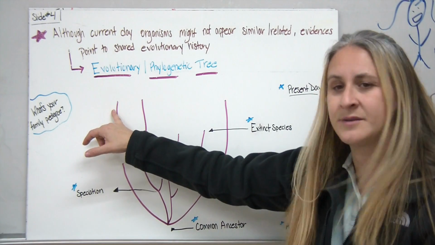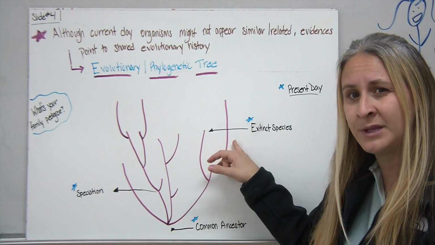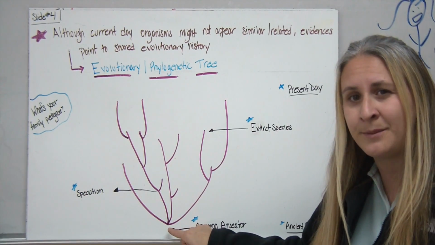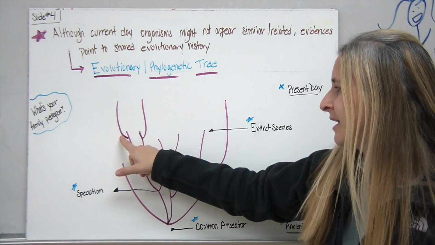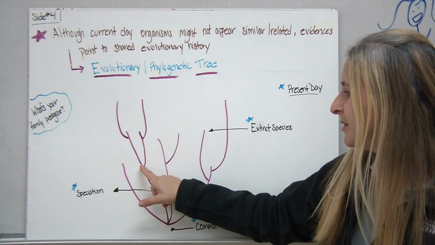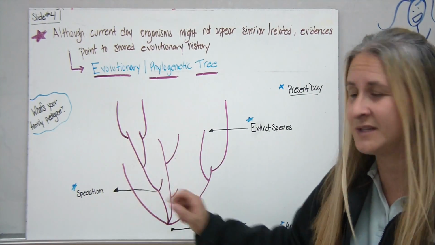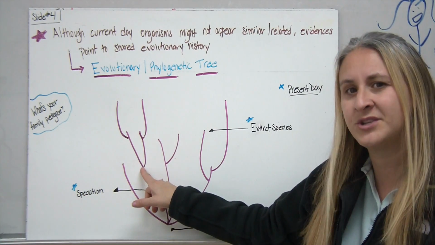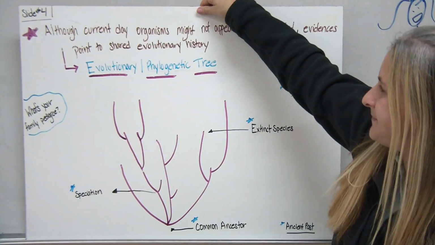So if you look at this organism over here, it would not be very closely related to this organism on this side, even though way, way back in time they shared a common ancestor. If we were to compare, let's say, this branch and this branch, they are more closely related because we share a common ancestor right back here at this fork in the road, you can almost consider it. So we didn't have to take as many turns, and they broke off from each other more recently in time. They haven't had as much time to evolve apart from each other.